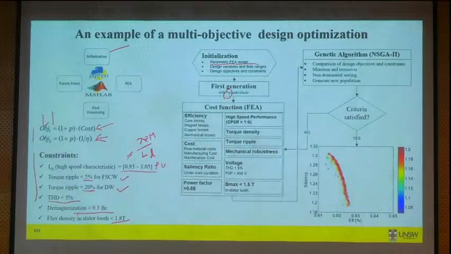Okay, it goes to FE, checks all this, to see whether it is satisfying or not. If it is satisfied, then it gives you the second generation. The genetic algorithm part runs in MATLAB, or sometimes some FE packages have inbuilt algorithms as well. For example, ANSYS has some GA-based algorithm for optimization, but they may not be very advanced.